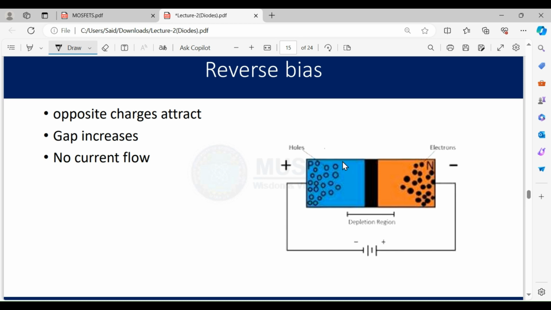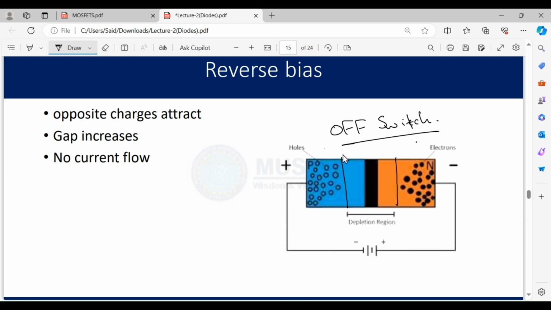In this way the gap will increase, and now we need more voltages to overcome this gap. In this case the gap will increase and it behaves just like an off switch.